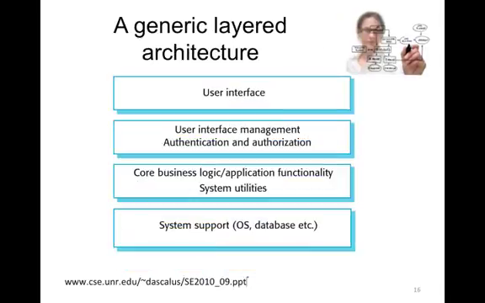But this is a very traditional, over the last 10 to 15 years, view of a systems architecture. And in fact, most of the systems that I have worked on since 2003 or 2004 have used this kind of layered architecture.